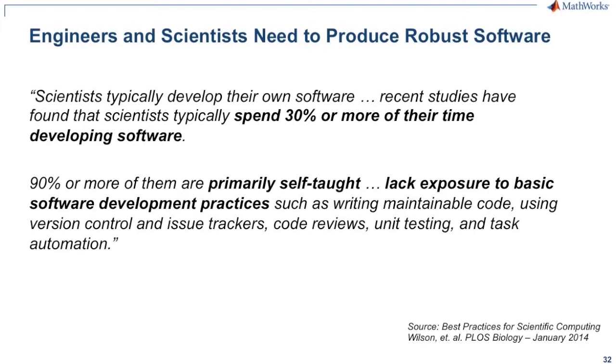But they're primarily self-taught and don't have exposure to some of the basic software development practices like code reviews and unit testing. So we've added, and continue to add, more and more capabilities to MATLAB to allow you to improve your software development skills, tools, and capabilities.